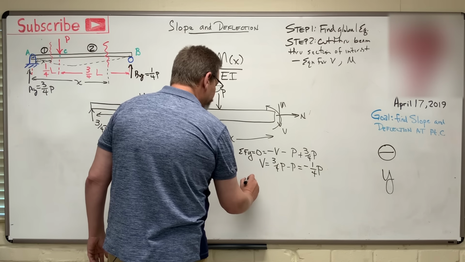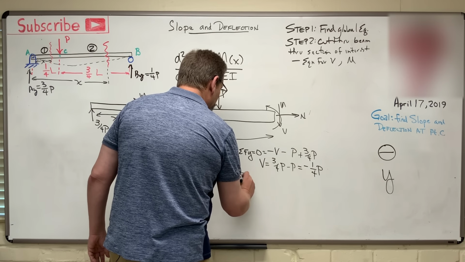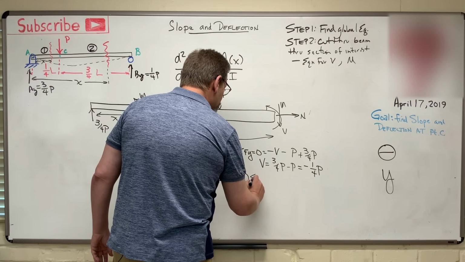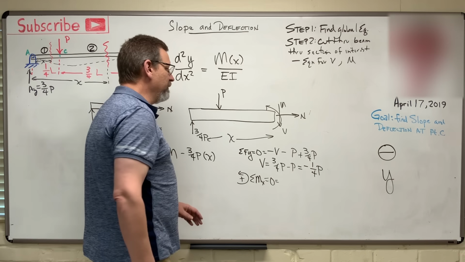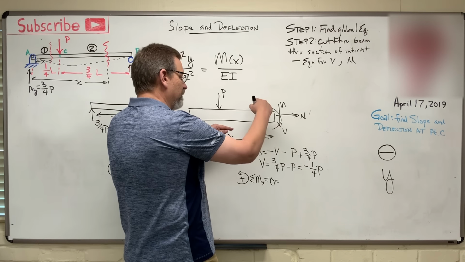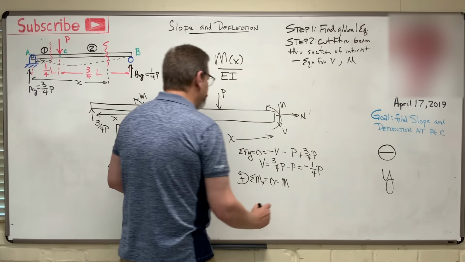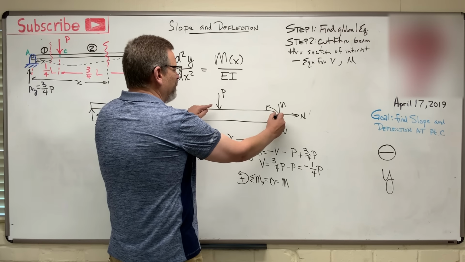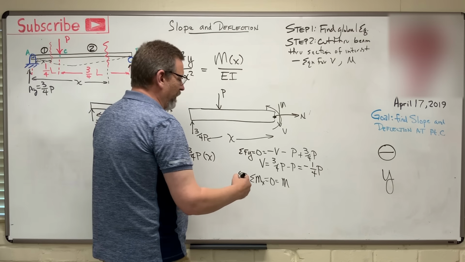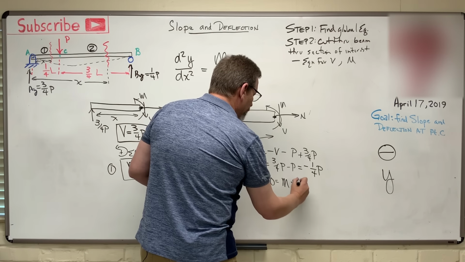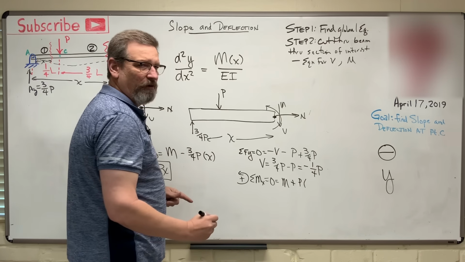And M, again, here's our thing. Sum of the moments about point X. Okay, here we go. So we got an M, which is positive. The P, we're taking the moment here, right? The P rotates me that way, which is a positive, isn't it? So plus P times how far away?